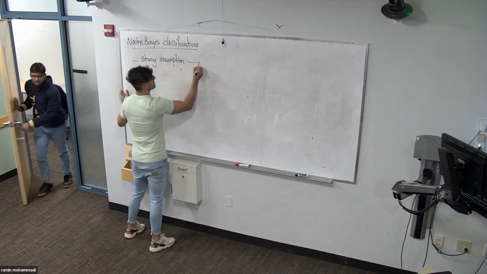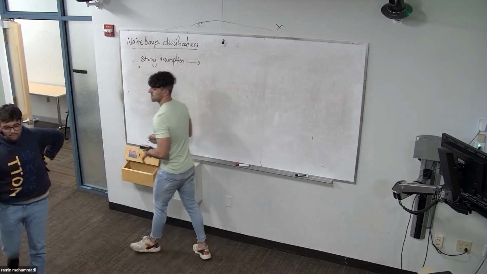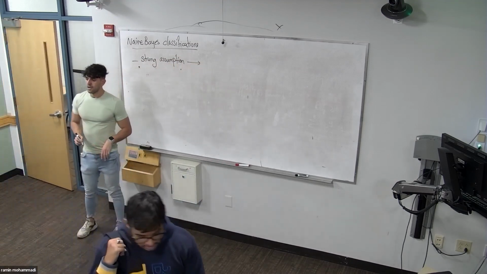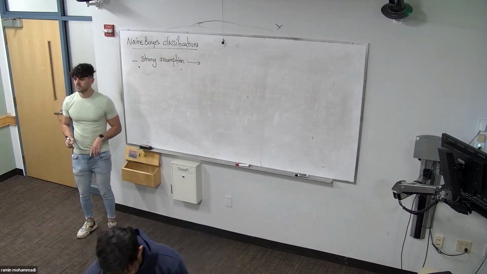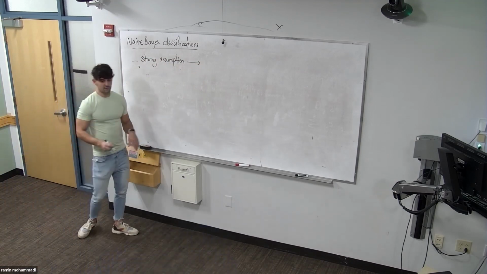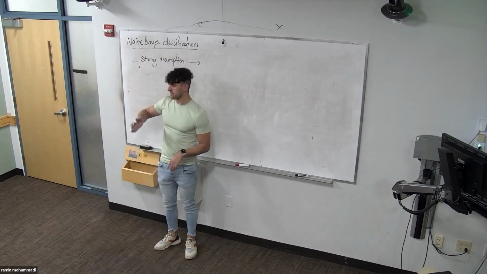What is the strong assumption that we make in naive-Bayes? We assume that the features are independent. So we assume that each column that we have, or basically all the columns, are independent of each other.